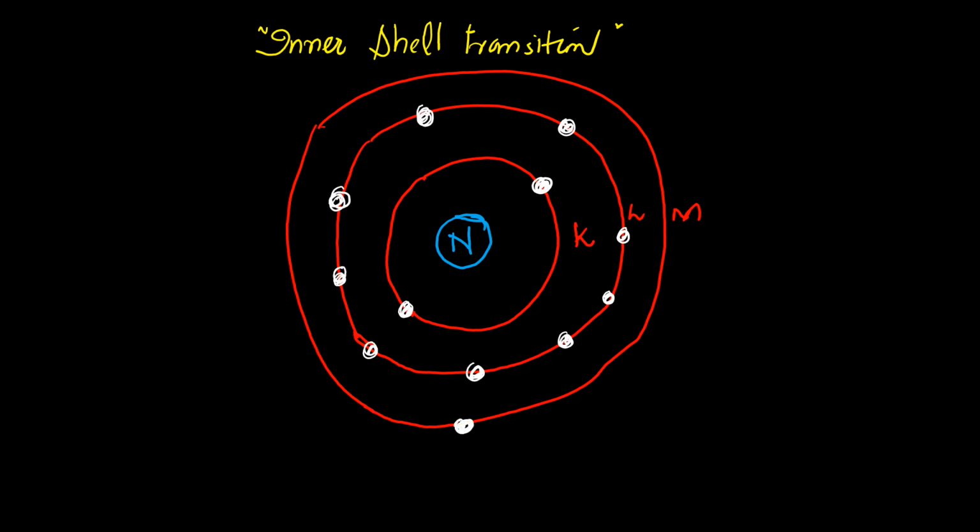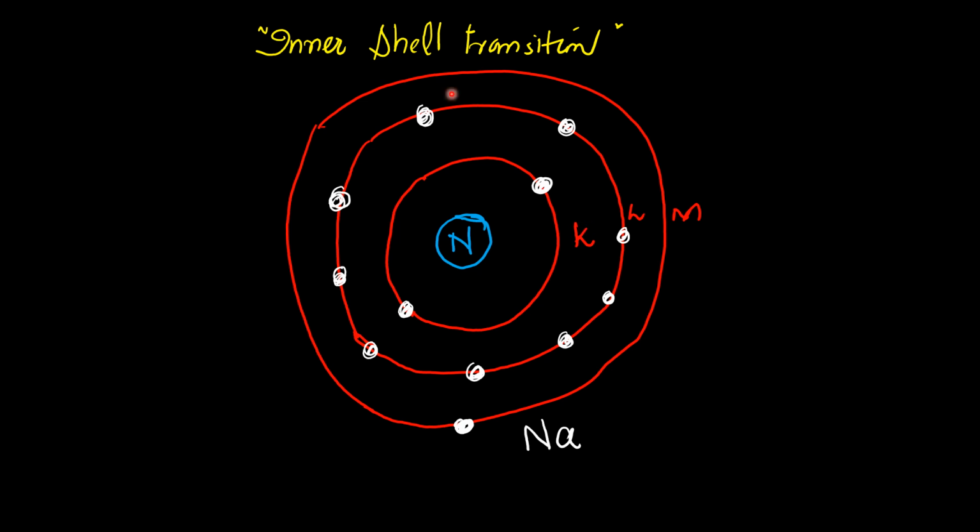This is a schematic representation of a sodium atom. A sodium atom has 11 electrons, and these electrons are present in energy levels. The first energy level of sodium atom is known as K shell, and it has 2 electrons, whereas the second energy level is known as L shell, and it has 8 electrons, whereas the third energy level of sodium atom is known as M shell, which has 1 electron.